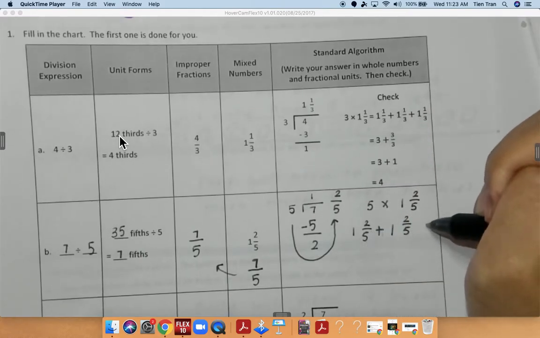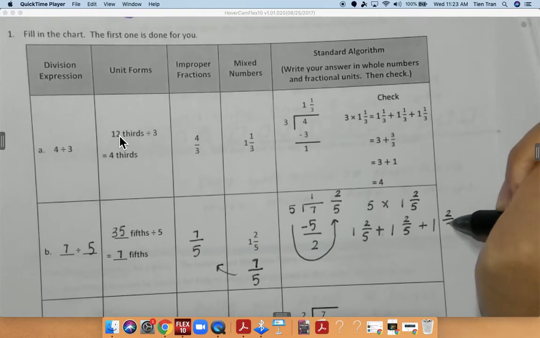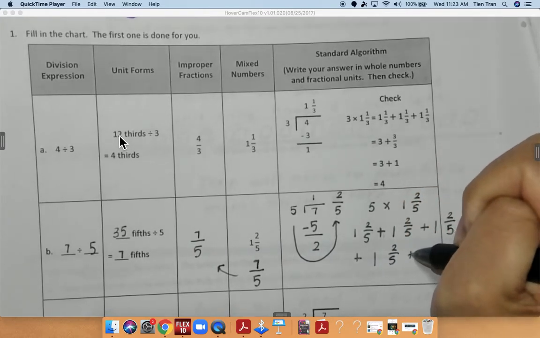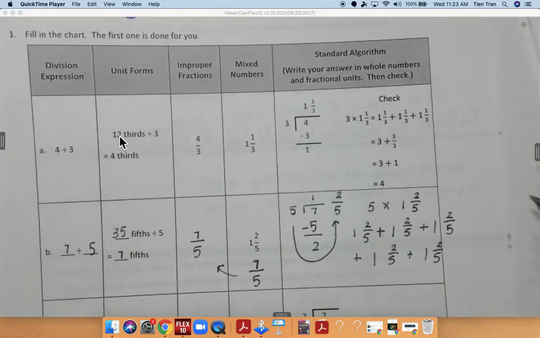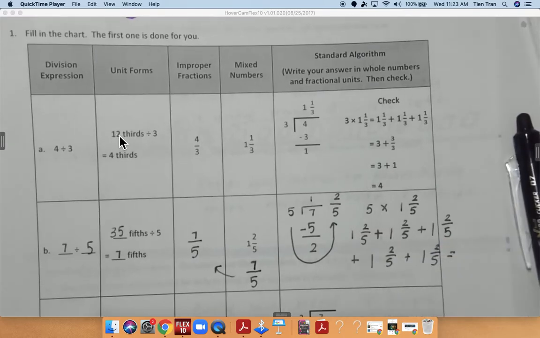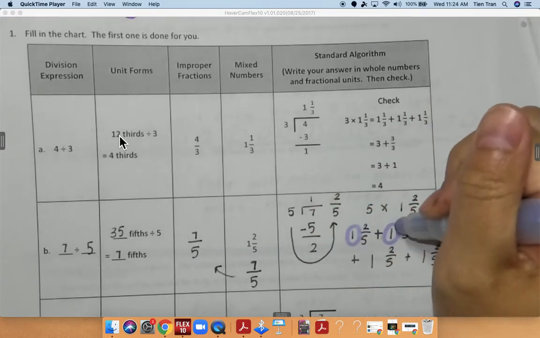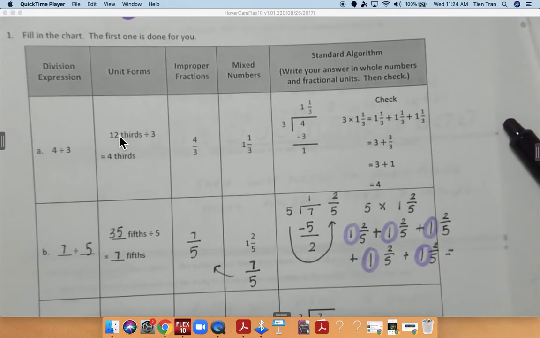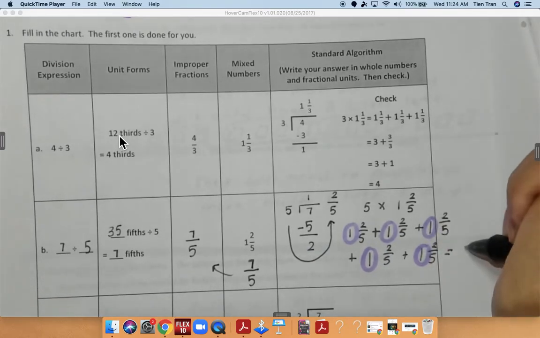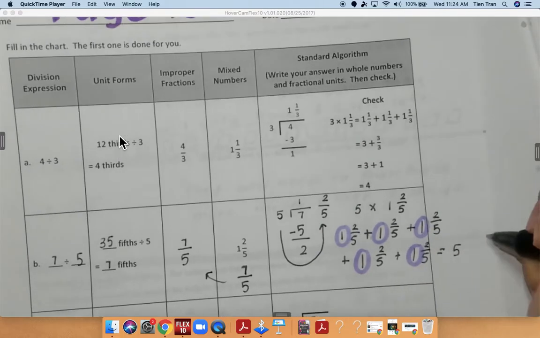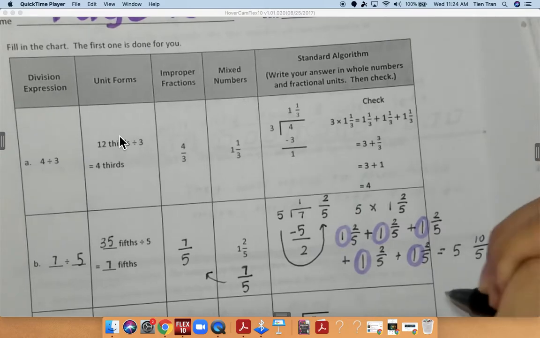So we have 1, 2, 3, 4, and 5. Okay, and I'm going to add all of my whole numbers. So we have 1 plus 1 plus 1 plus 1 plus 1, which is equal to 5. And then we have 2, 4, 6, 8, 10. So we have 10 at the top and 5 on the bottom.